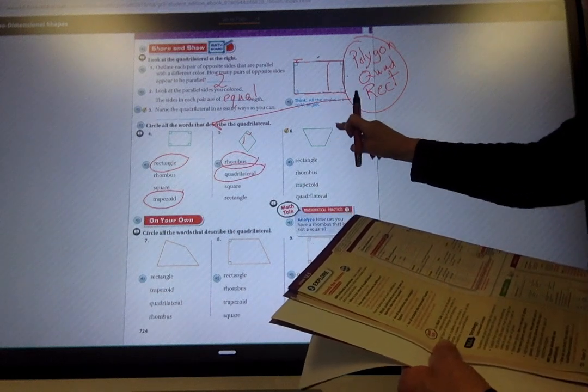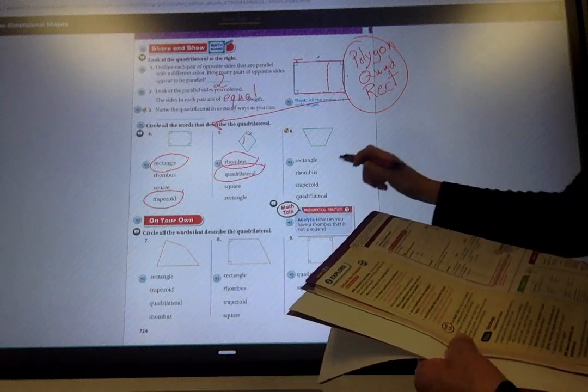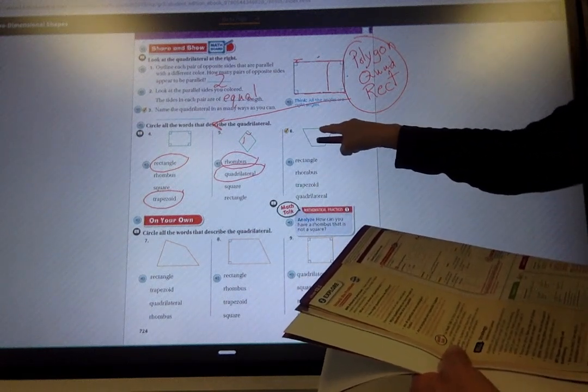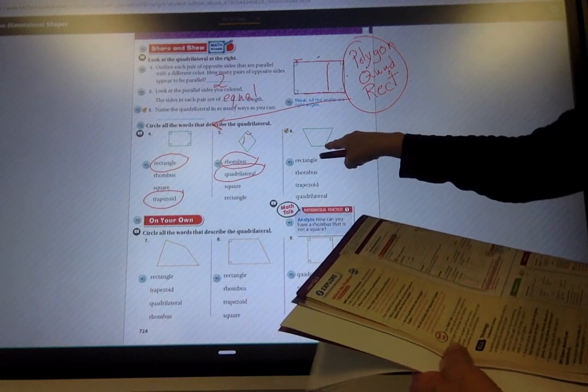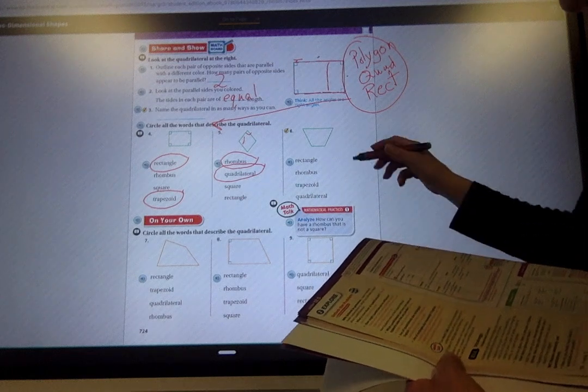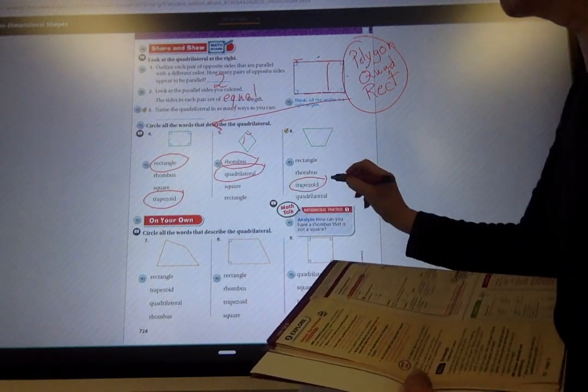Two pairs. These are not parallel. So it cannot be a rhombus. Is it a trapezoid? Yes. It does have at least one set of parallel lines. And that's all it really needs. And it is a quadrilateral.